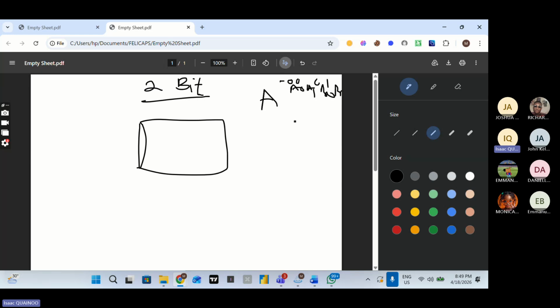Okay, so this A0, A1, we are going to label them as A. And this B0, B1, we are going to label them as B. So let us do them on a block diagram. So we are going to have A0 and then A1.